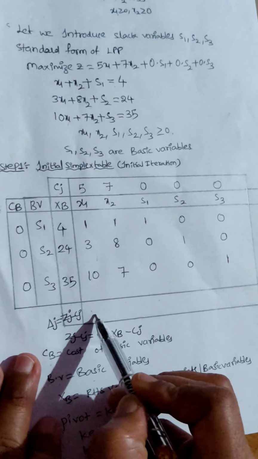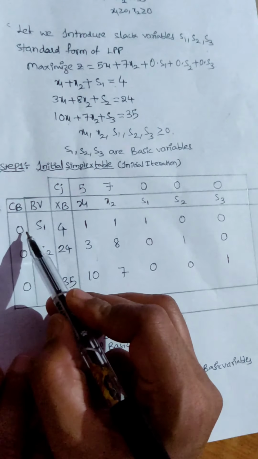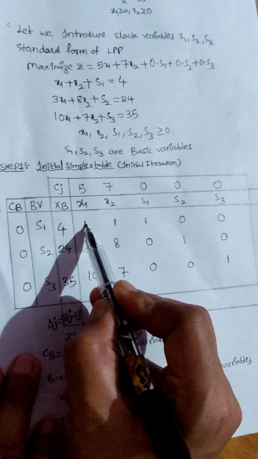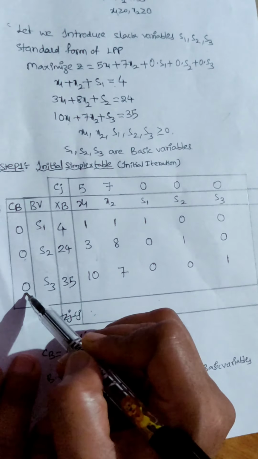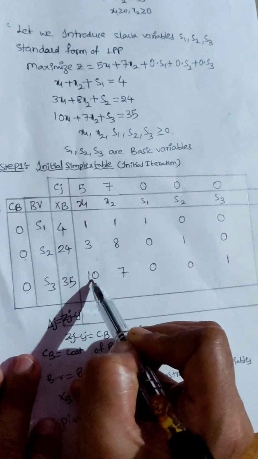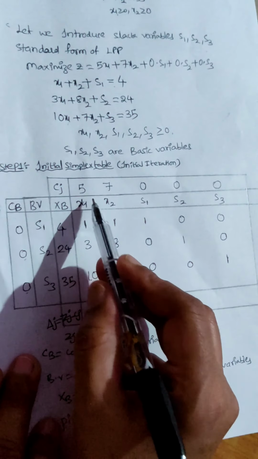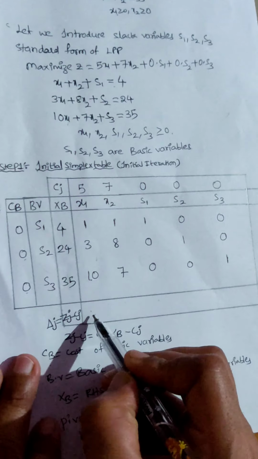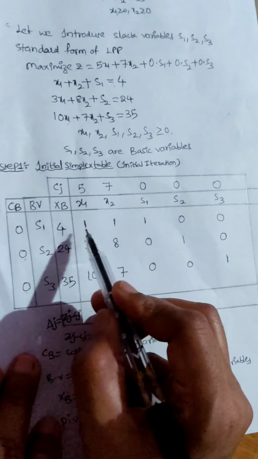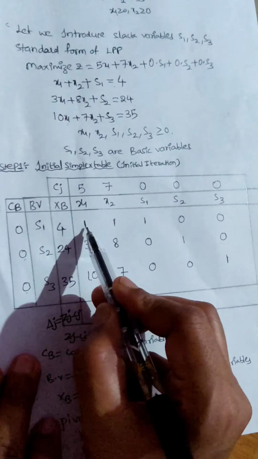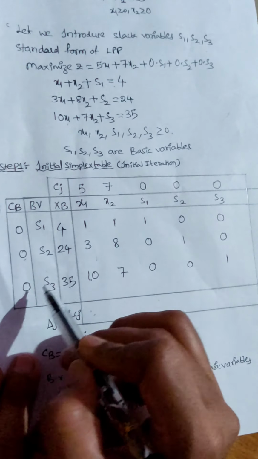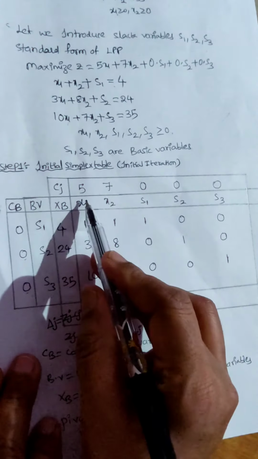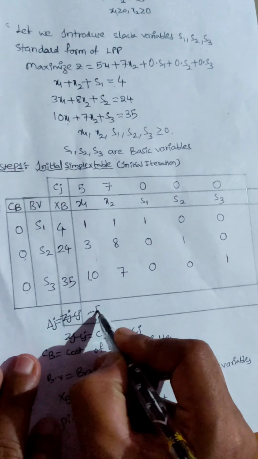First let me calculate this value, that is 0 into 1 plus 0 into 3 plus 0 into 10 minus 5, that is minus 5 we get here. I repeat again, 0 into 1 is 0, plus 0 into 3 is 0, plus 0 into 10 is 0, 0 minus 5 is minus 5.